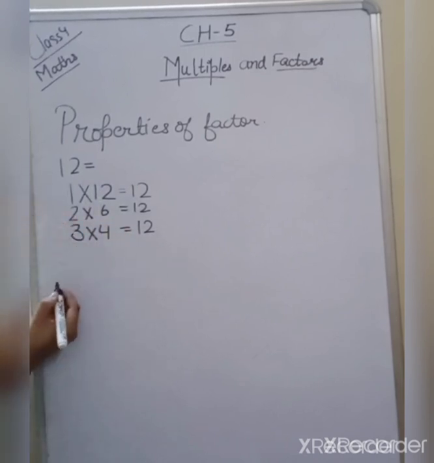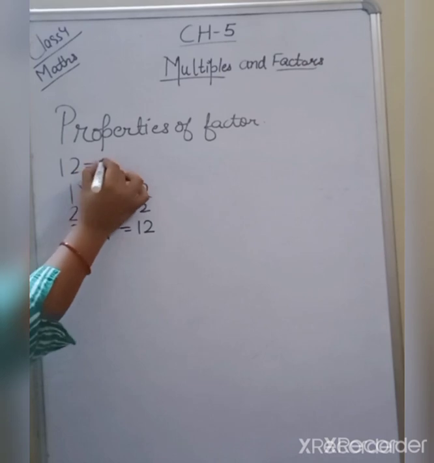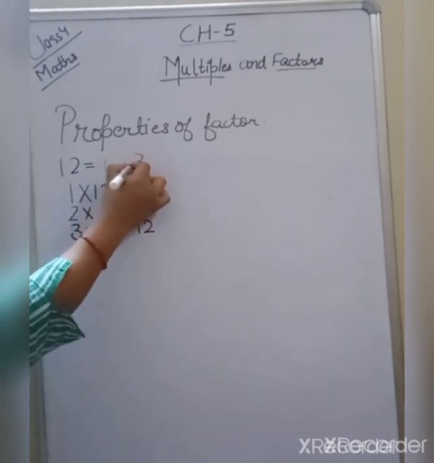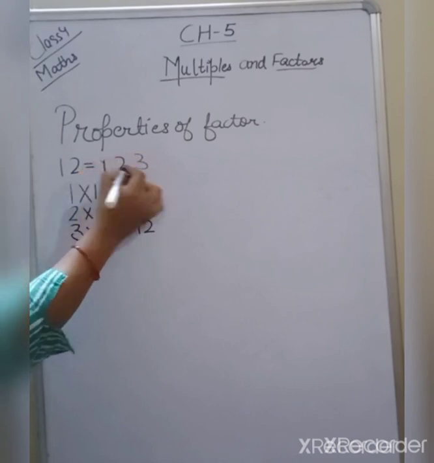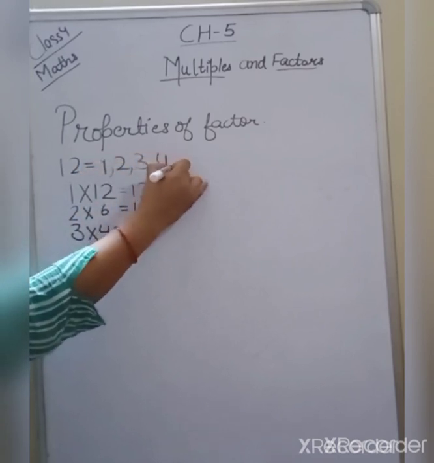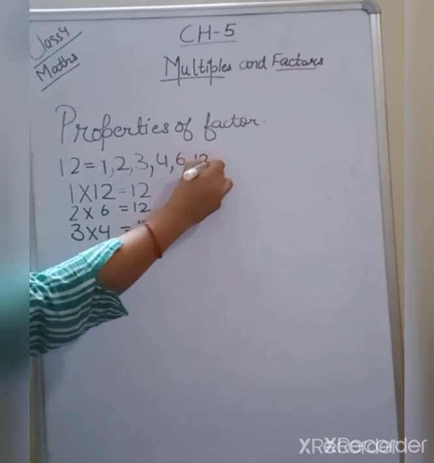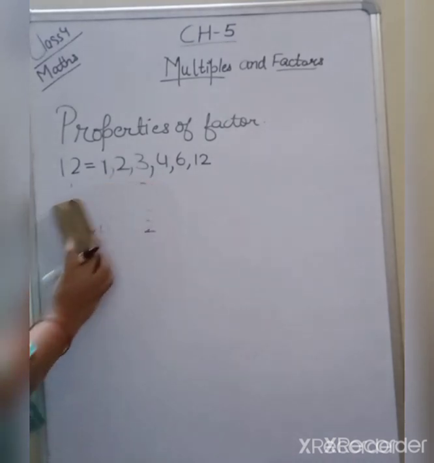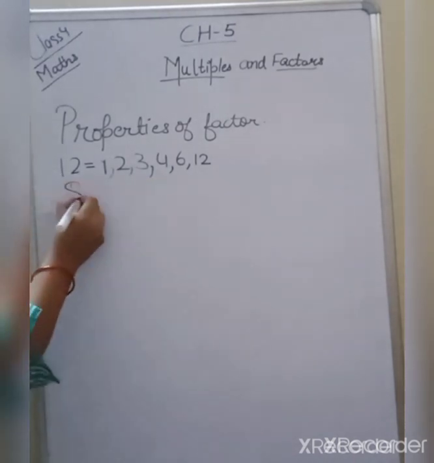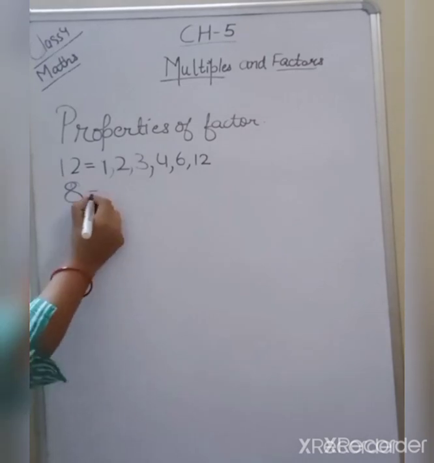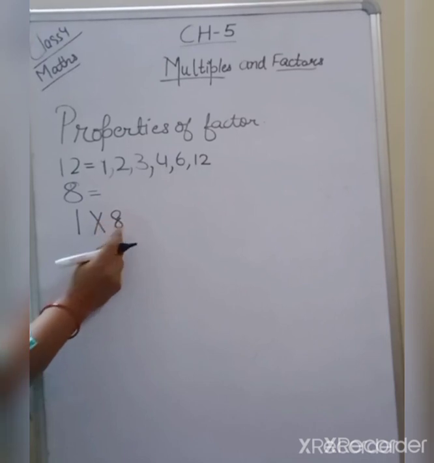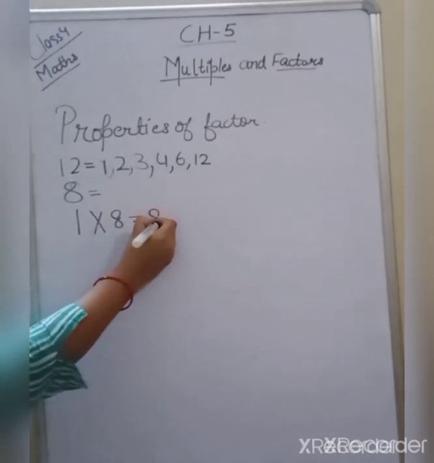So the factors of 12 are 1, 2, 3, 4, 6, 12. Let us observe the factors of 8. Factors of 8: 1, means 8 times 1 is 8.